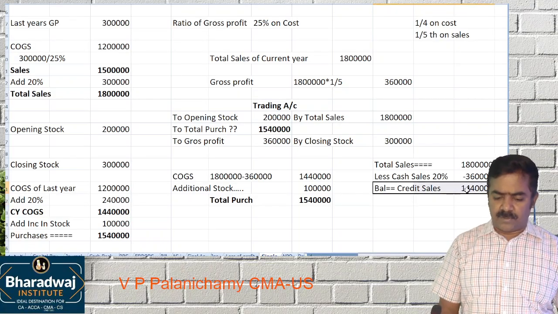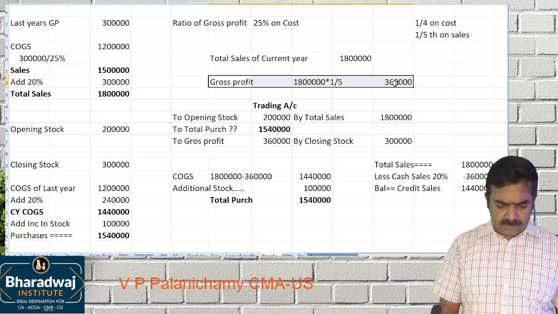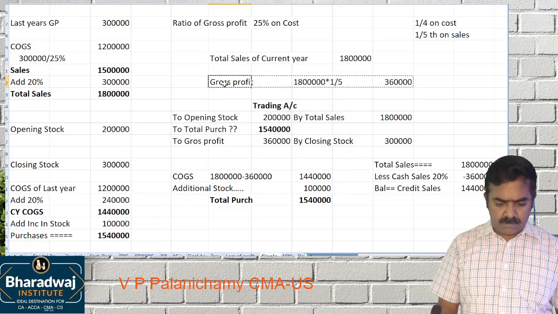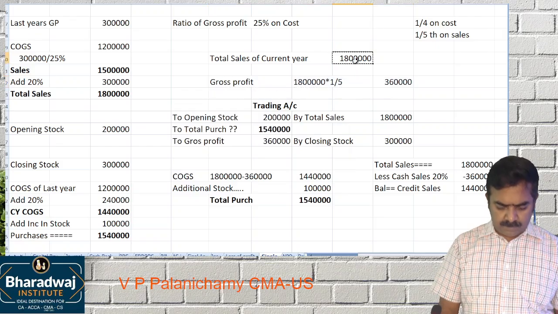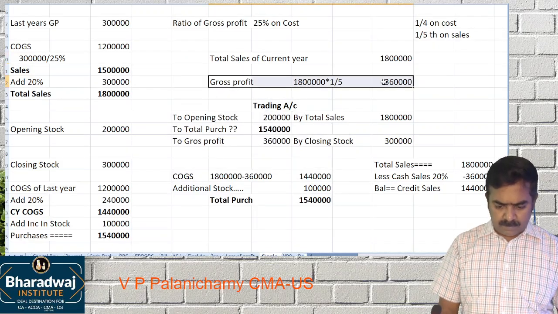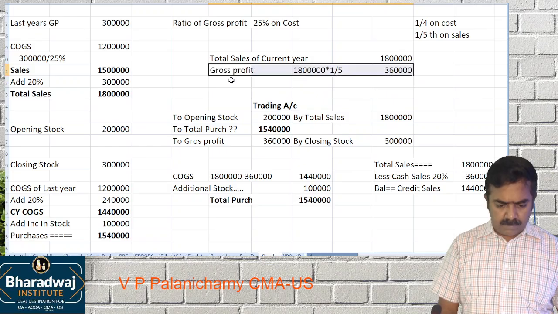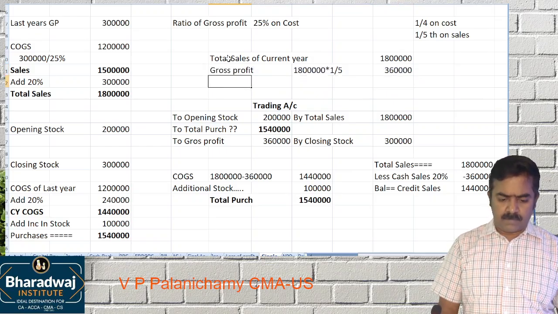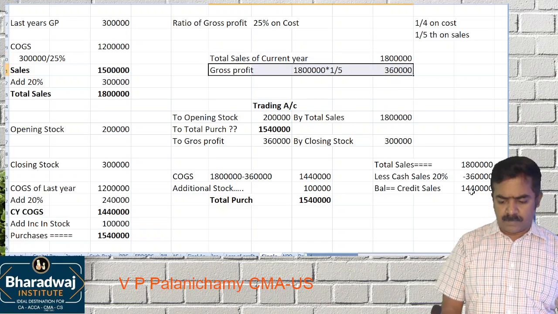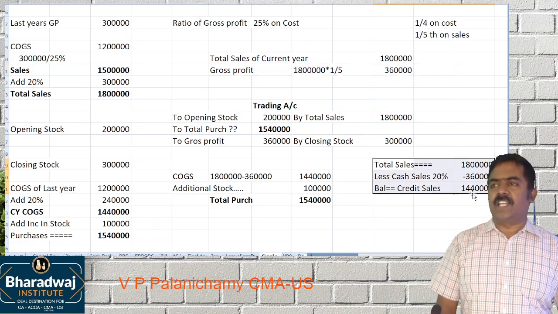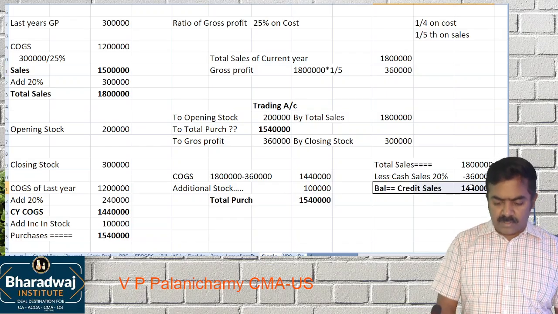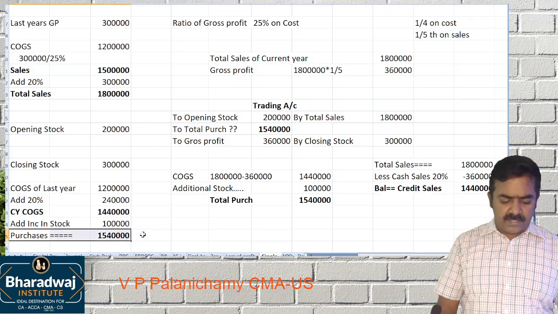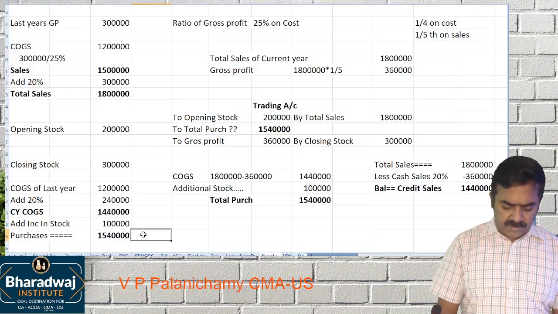And they have given that there are no cash purchases. Given in the question, no cash purchases, which means the entire purchases are equal to total purchases.